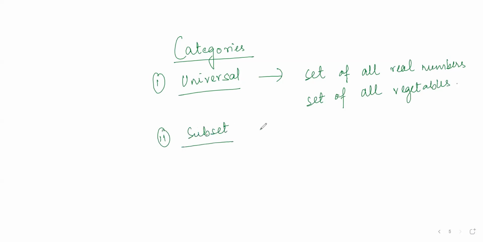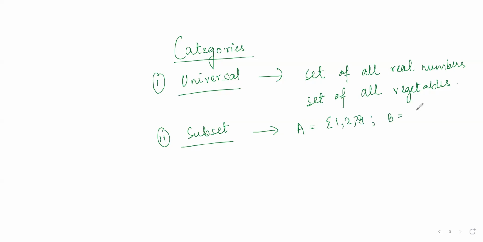Category: subset. Subset is a set that contains few elements from another set. Like for example, there are two sets A and B. A has say 1, 2, 3.